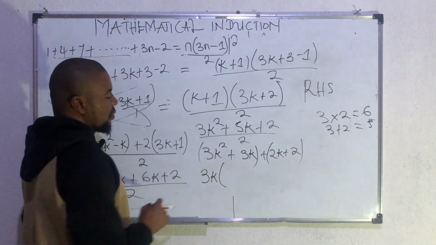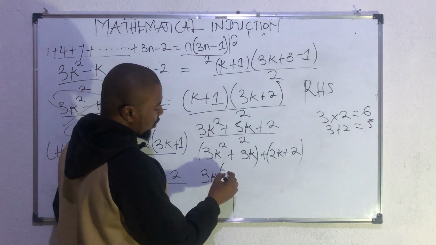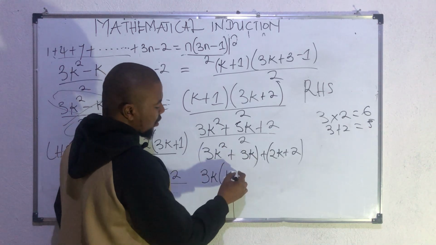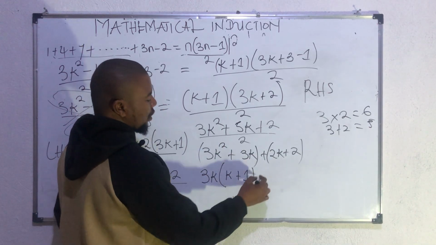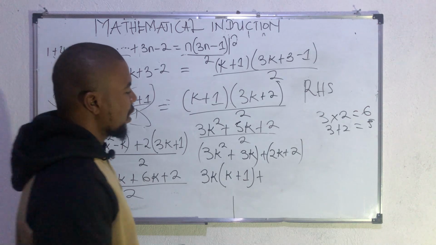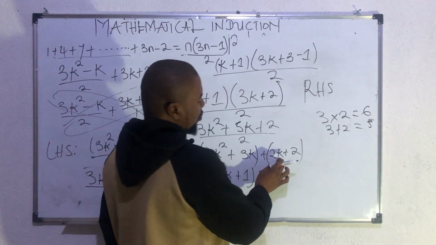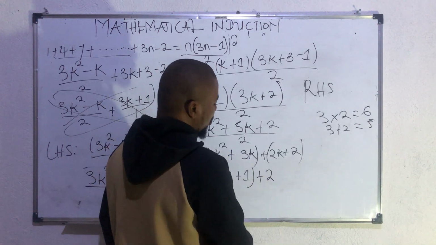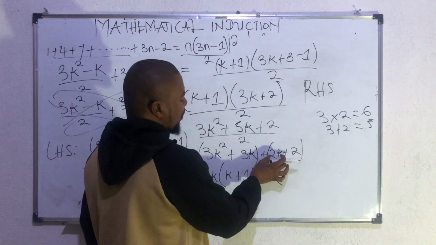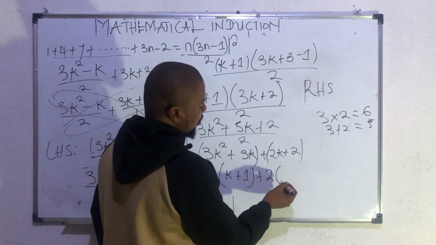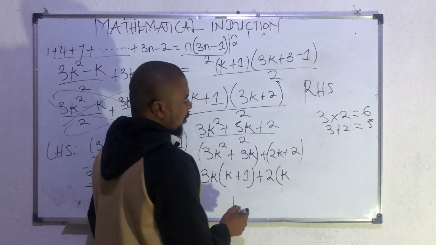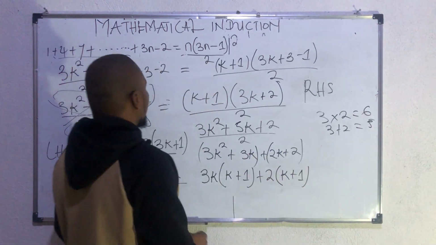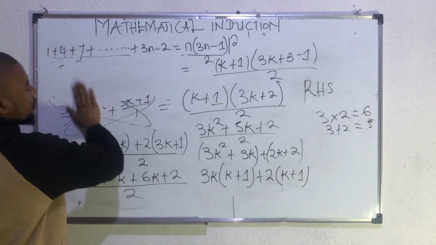If we factor out a 3k from the first, we're left with k; from the second, 3k divided by 3k, we're left with a 1. For the second part, we have 2 in common. If we factor out a 2, 2k divided by 2 will give us a k, then 2 divided by 2 will give us a 1.